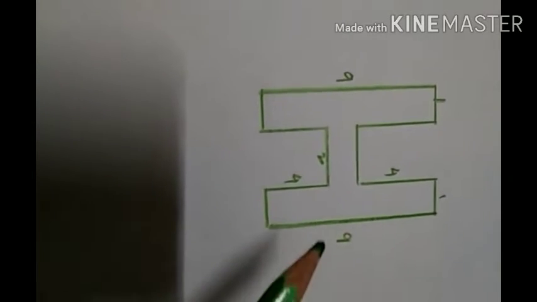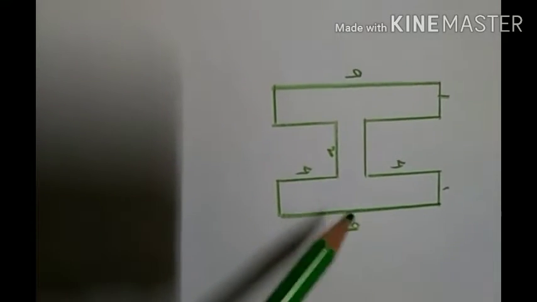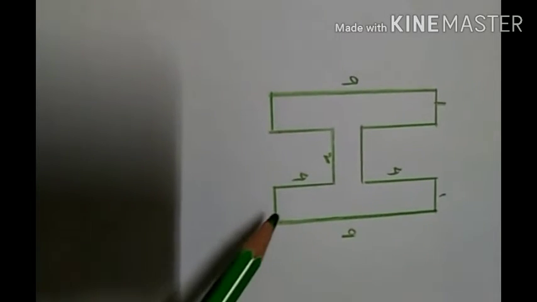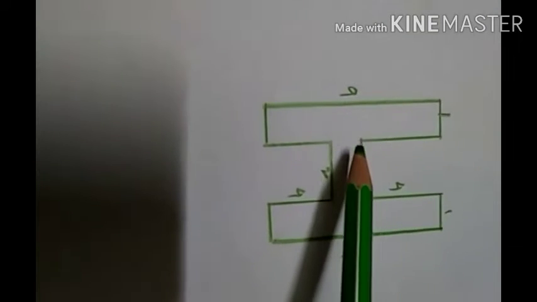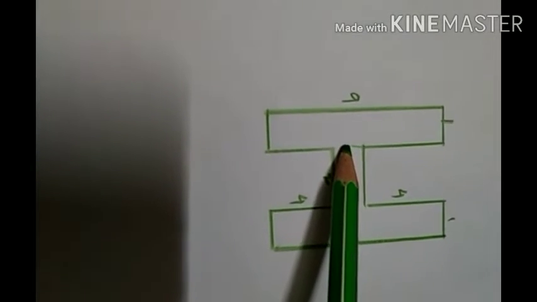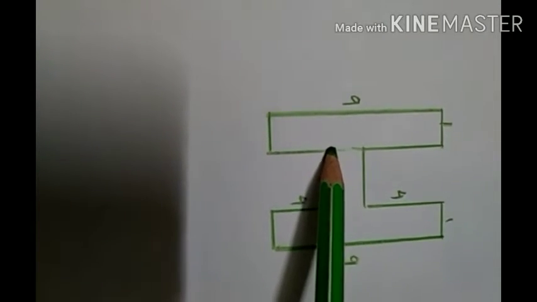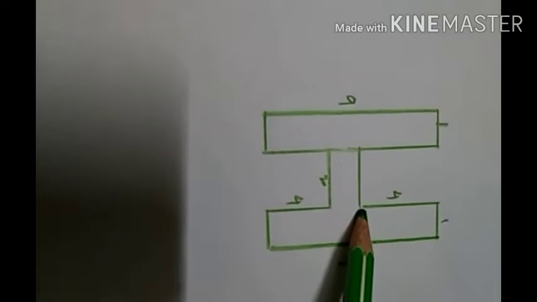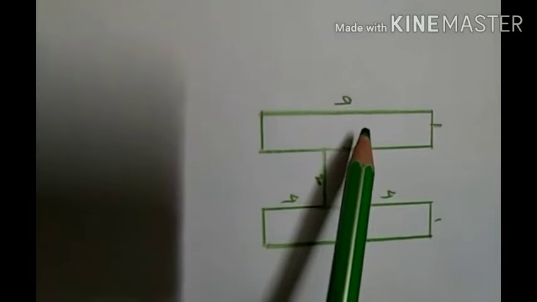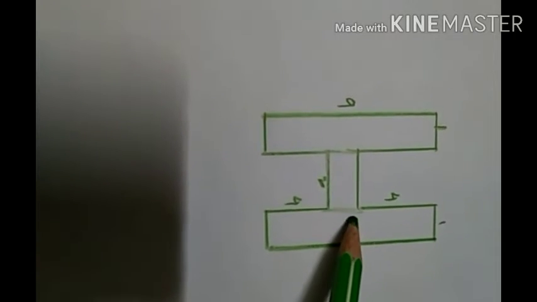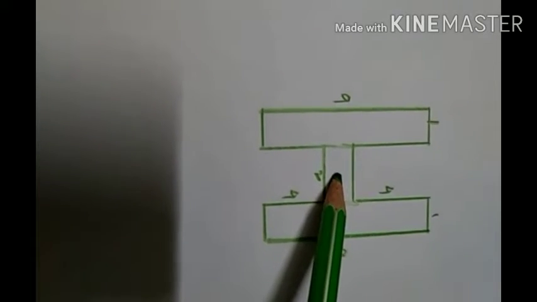Now, to find the area enclosed within this H figure, we will break it up into smaller rectangles along this line and along this line. So we have rectangle 1, rectangle 2 and rectangle 3.